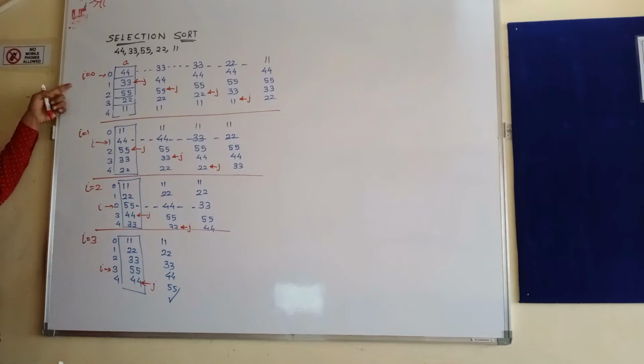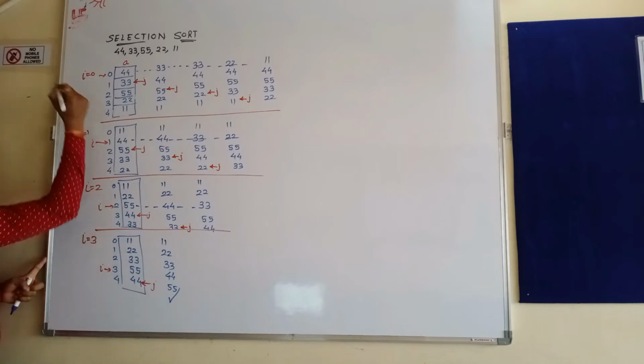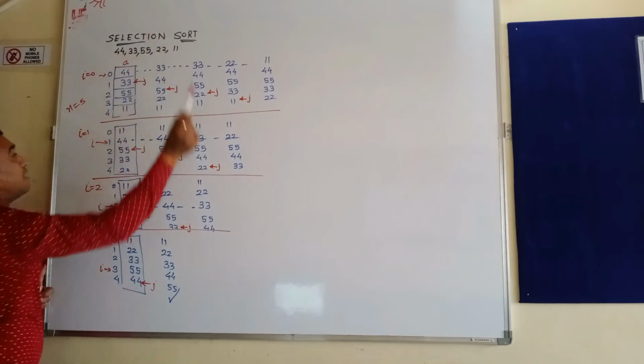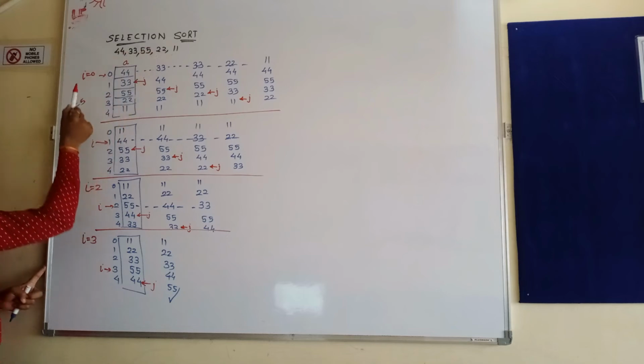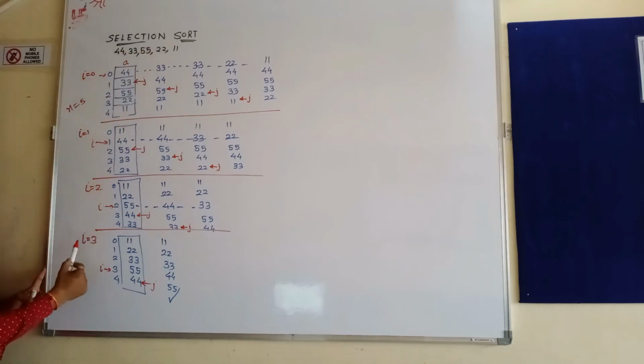Our outer loop variable I, we start with 0 index and go up to the 3 index. For n equal to 5 elements, we had 1, 2, 3, 4 and 5 elements. For n equal to 5, we start the I variable with the 0 index and go up to the 3 index.